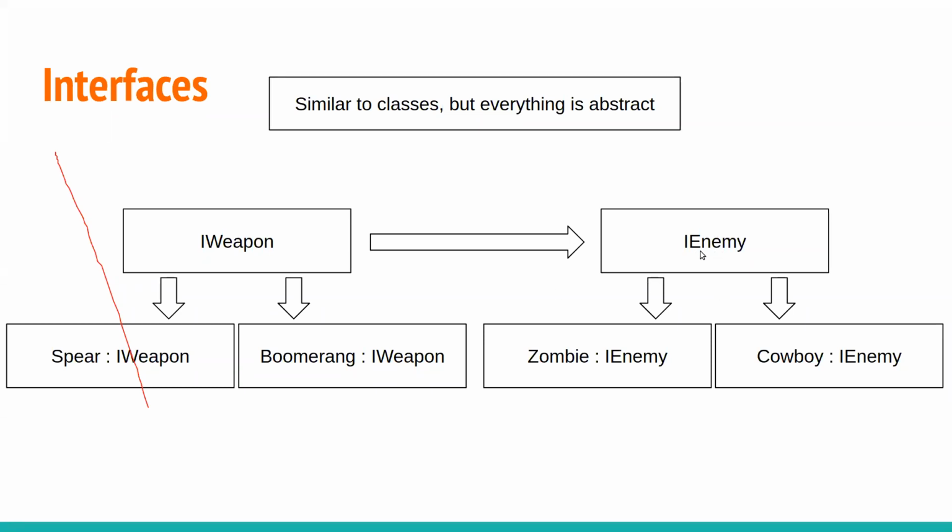And likewise for enemy, in our example here, anything that inherits from enemy or implements it. When we're talking about interfaces, we don't say inherits, we say implements. So anything that implements the enemy interface will be able to be attacked, okay? And anything that implements the weapon interface will be able to attack.